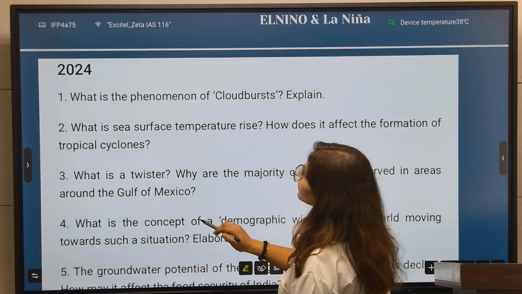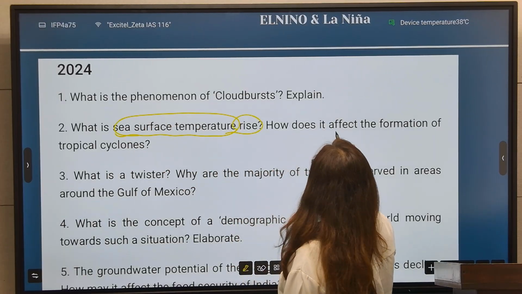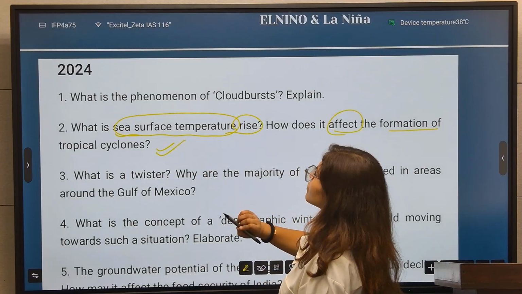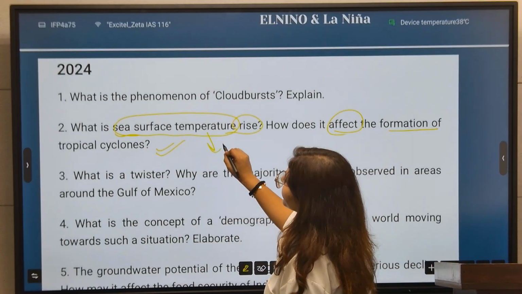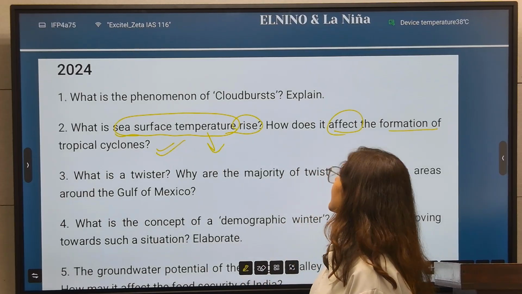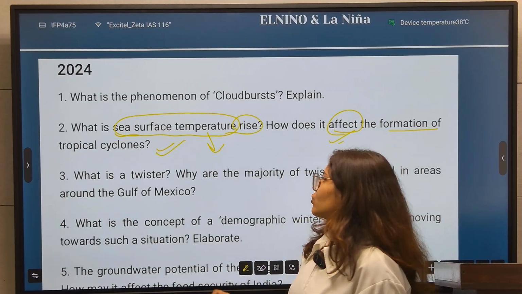The second question was: what is sea surface temperature rise and how does it affect the formation of tropical cyclone? So this is also a simple question. You have to write about what sea surface temperature rise is and how it affects the formation of tropical cyclone.